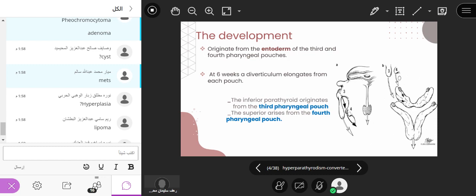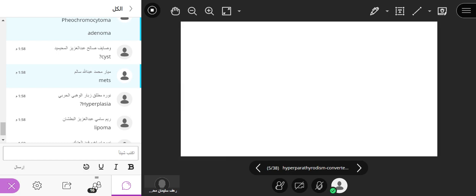The inferior parathyroid originates from the third pharyngeal pouch, and the superior from the fourth pharyngeal pouch.